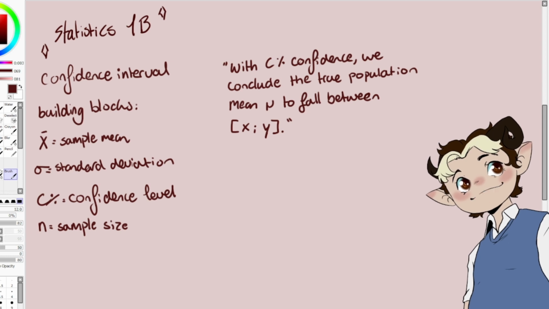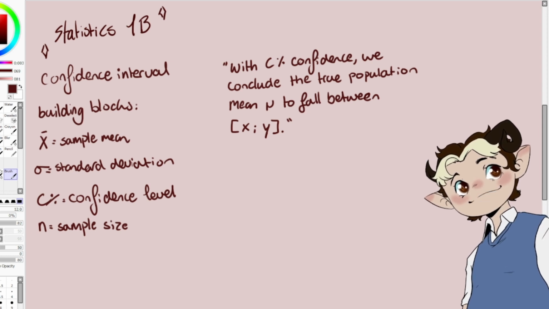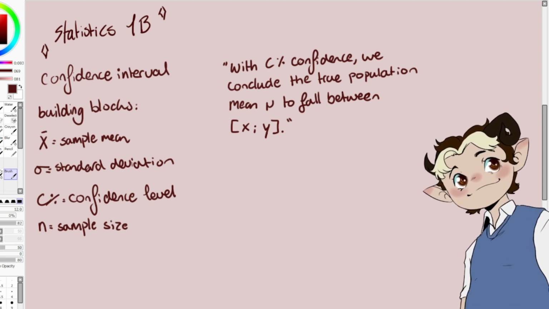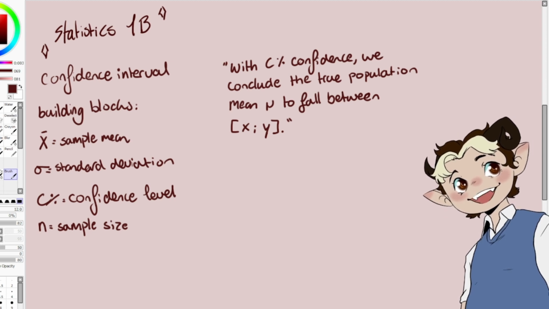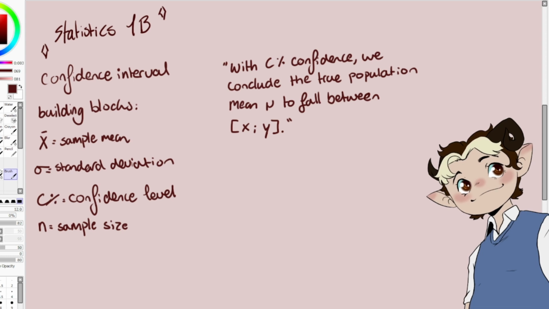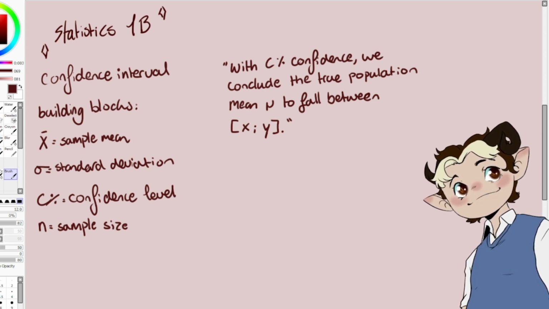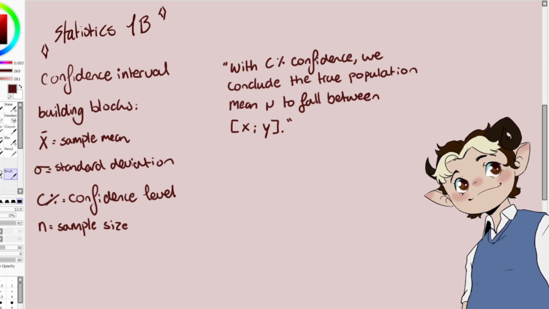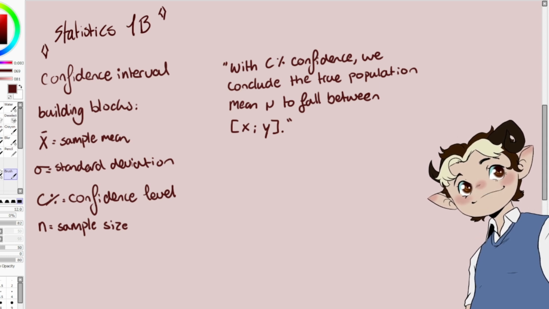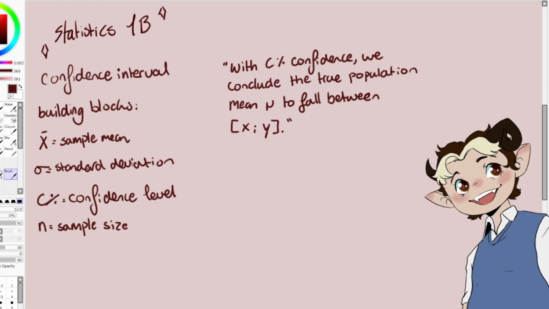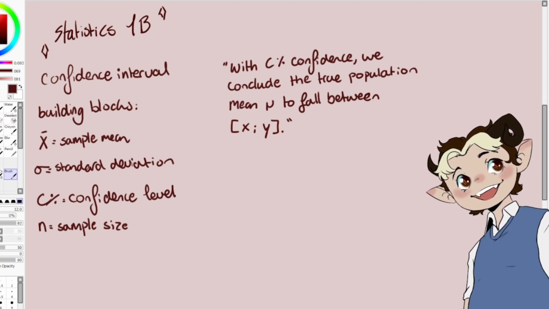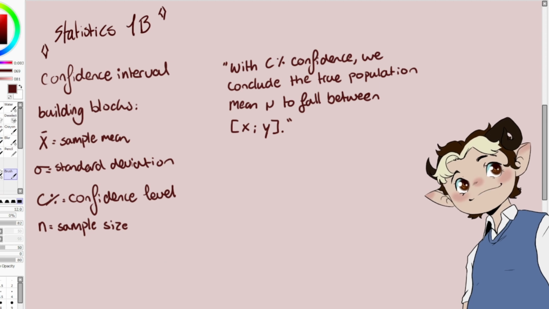And it is a way more honest way of looking at data. You give your readers a certain level of confidence where the true population mean will fall. It is, in my opinion, a better way of doing data collection than the significance test. Anyway, that is the basics. So let's look at a little example of how we use that in practice.